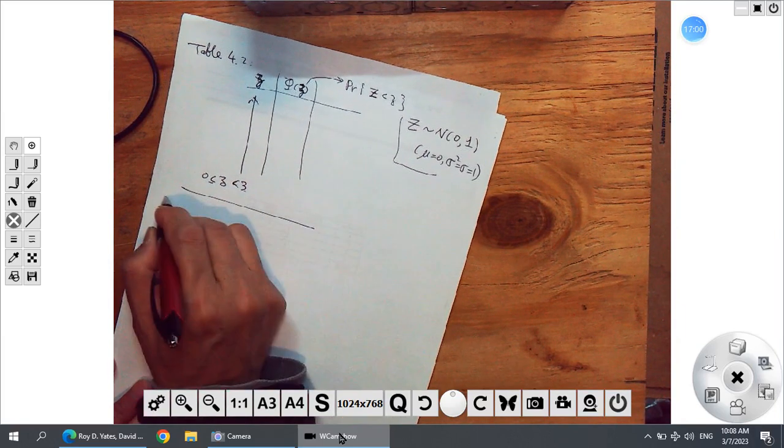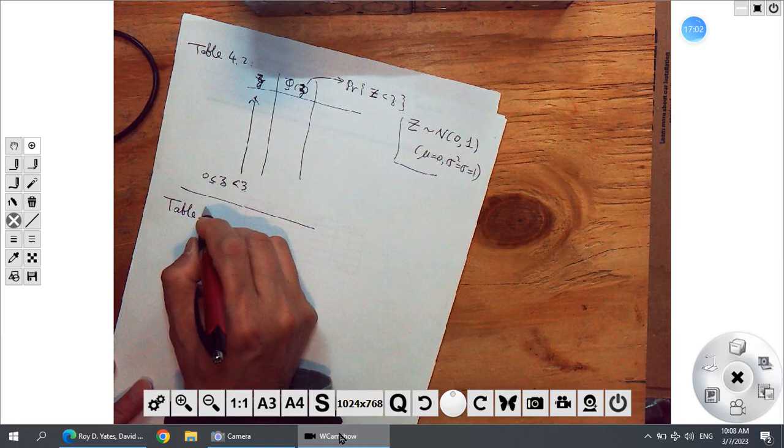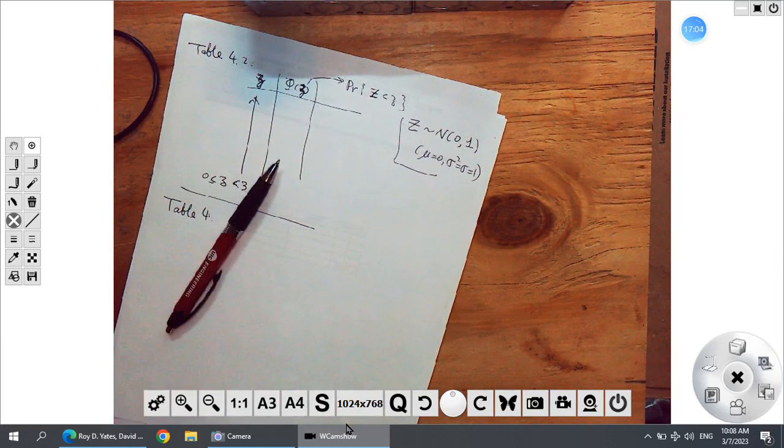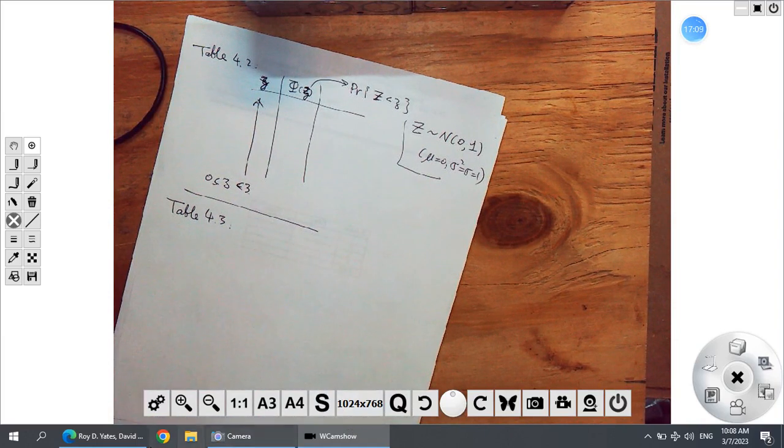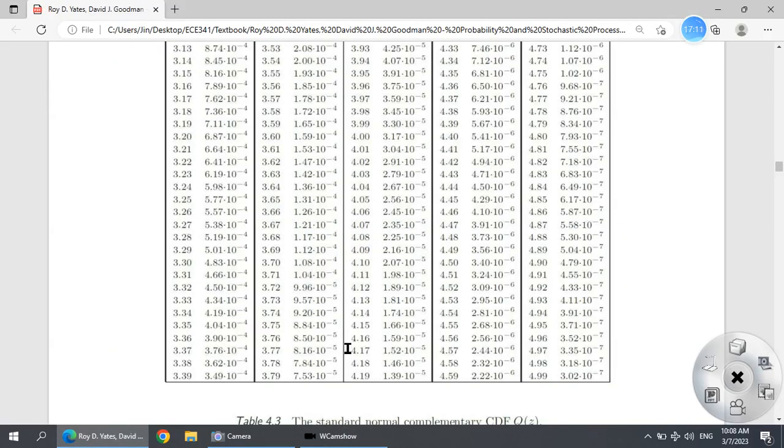And for those, we have two tables. This is the table for those below 3. The other one, Z until 4.99. It's 5, right? 4.99.